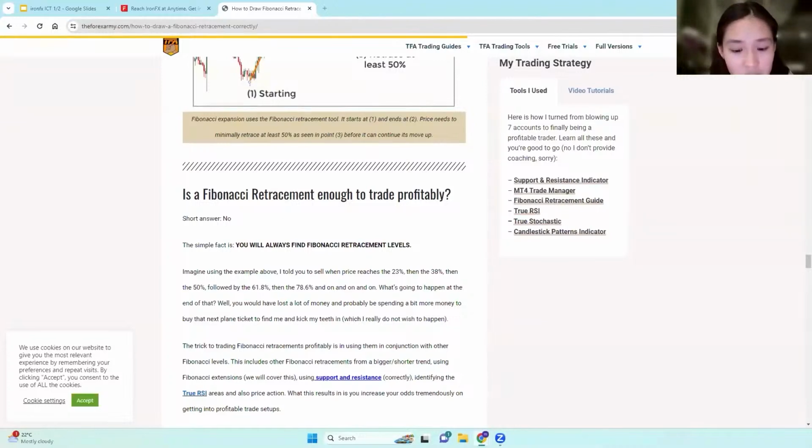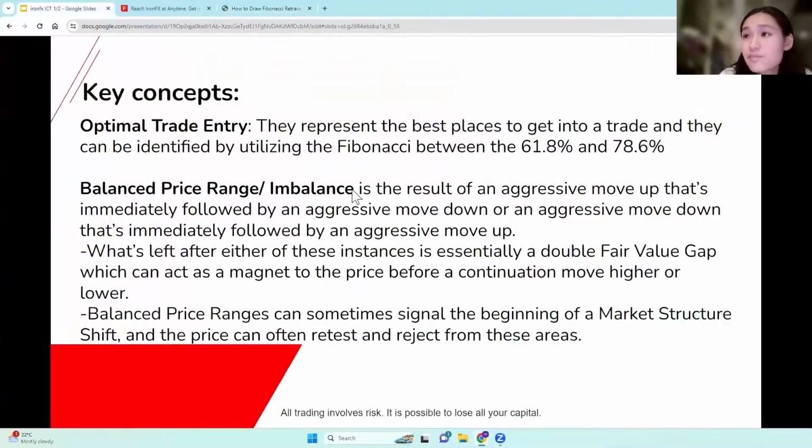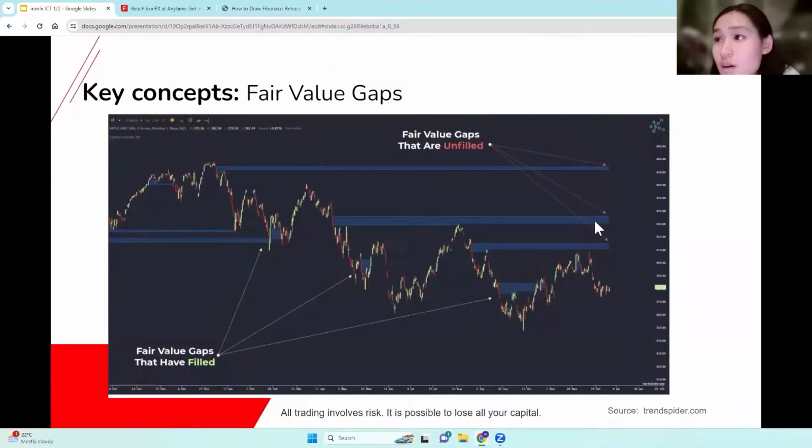Oh, we have a question. What happens to an FVG that has not been filled? If we go back to my slides, when it's not filled, it means we don't expect price to return to that area anytime soon, so we're not going to take note of those levels.